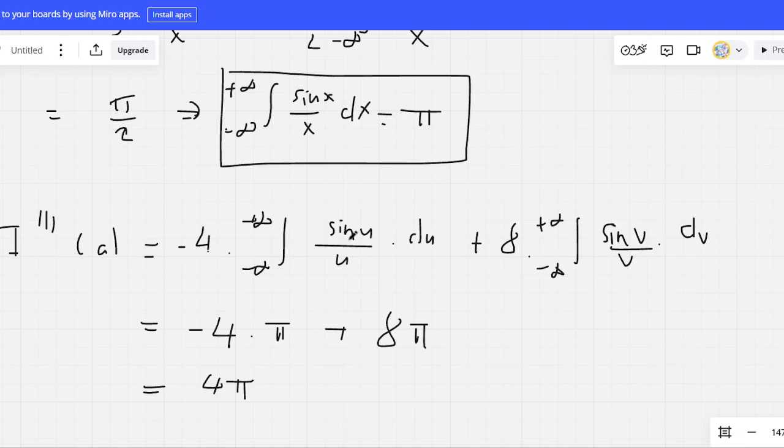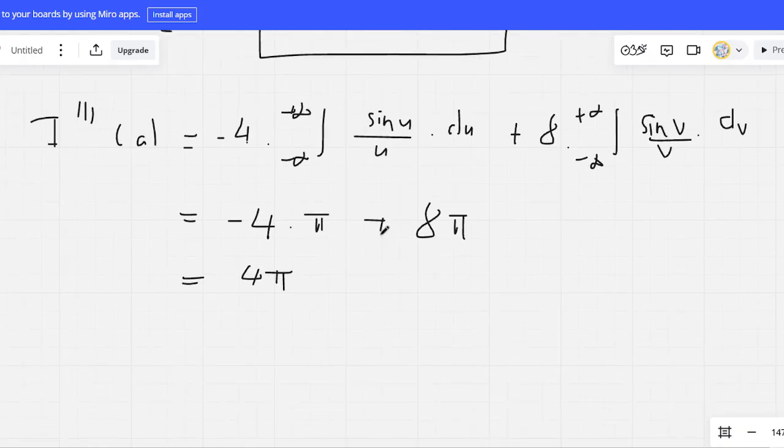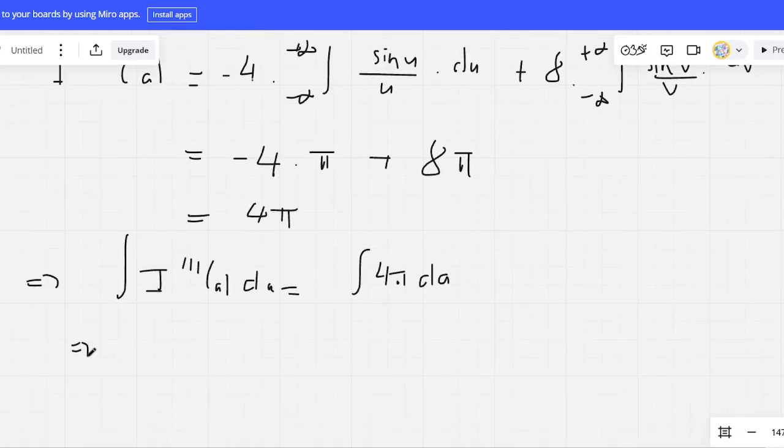And now we can start recovering our original integral. So let's integrate both sides with respect to a again. The third derivative of I(a) dA is very simple, it's going to be 4 pi dA, and this will equal the second derivative of I(a), equals 4 pi times a plus a constant c.